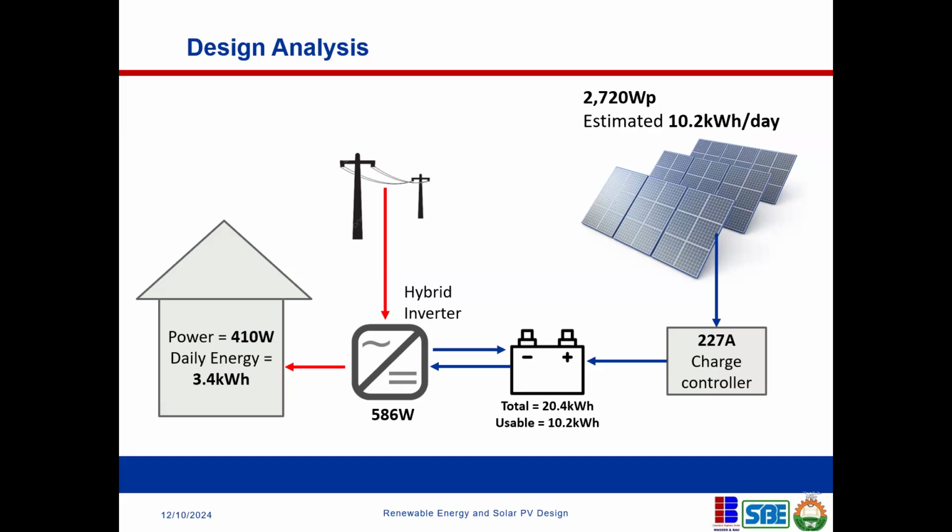You have inverters that have solar charge controllers inbuilt. You have inverters that are hybrid, meaning that they can take from the grid and charge your battery. You have inverters that are just one way, just normal inverters, only from DC to AC. They can't do the reverse. So you need to know what you want and the right specification of equipment to use.